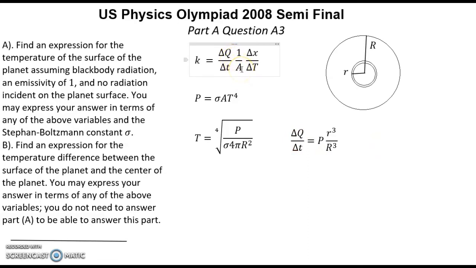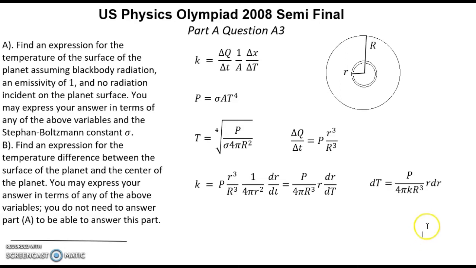And also we know the area of this small sphere, and we can rewrite this formula in the form, and after splitting variables we have this formula: delta T, the temperature difference, equals power over 4 pi K big R cubed multiplied by r dr. And after integration we can find the temperature difference.